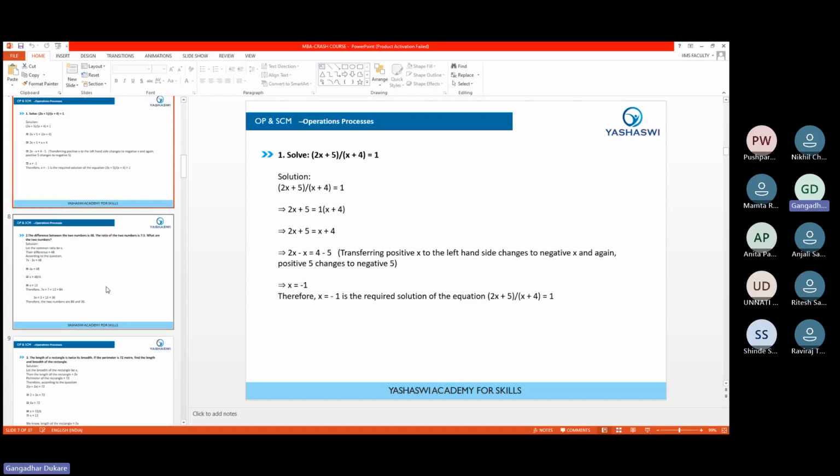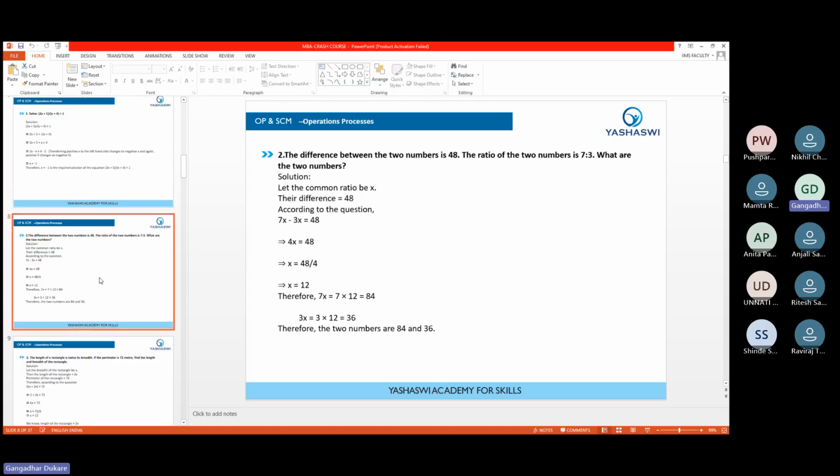The same example, when the equation is not given. They just give you a statement, you need to prepare the equation and then solve it. The difference between the two numbers is 48. The ratio of the two numbers is 7 by 3.